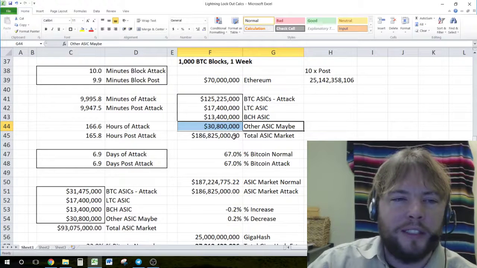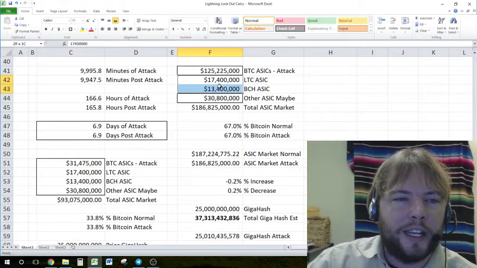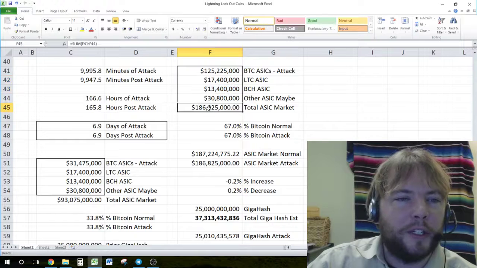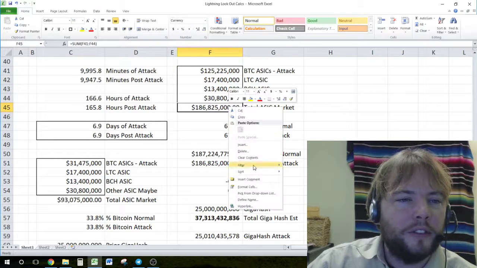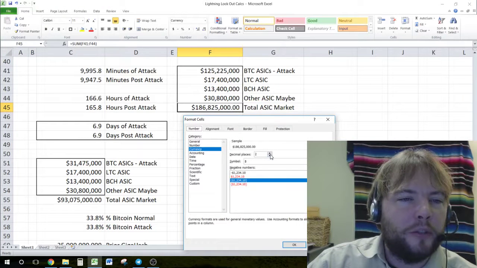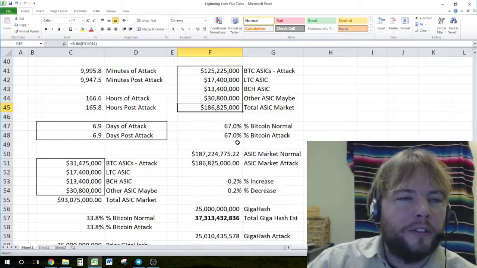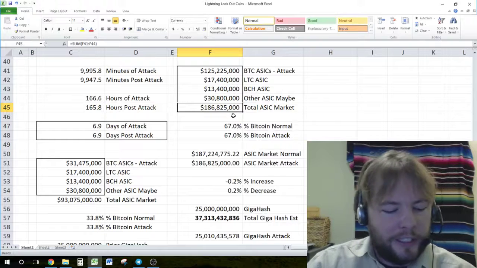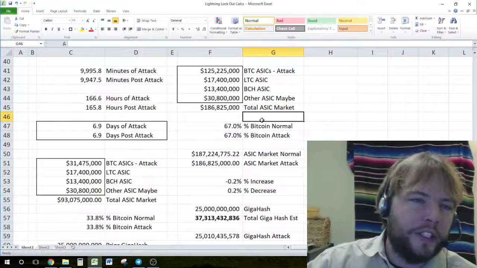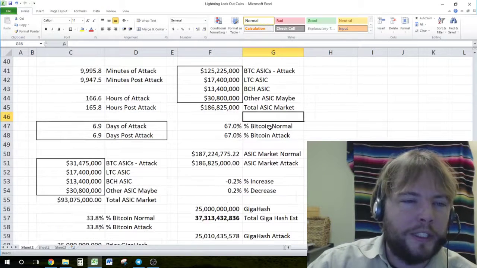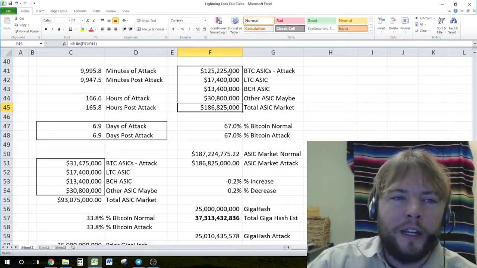This could be far less, but let's just assume this is the case, and this 30 million is just these two combined. So for a total mining pool of $186 million.